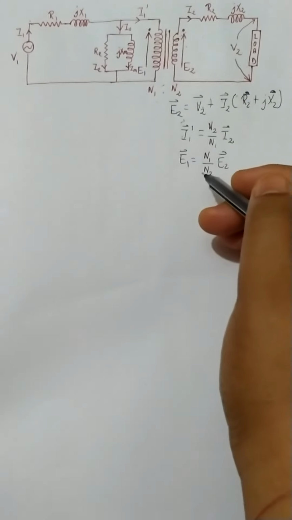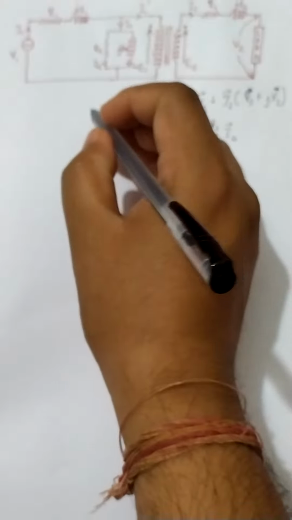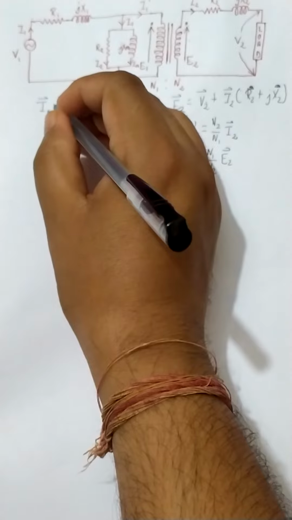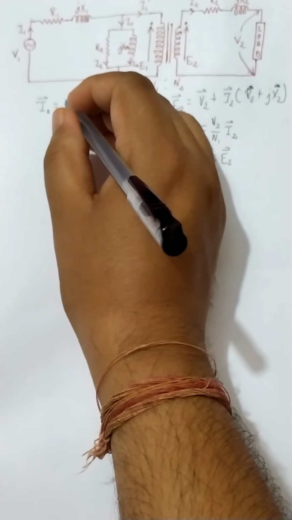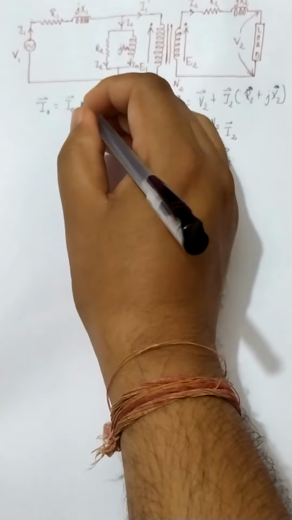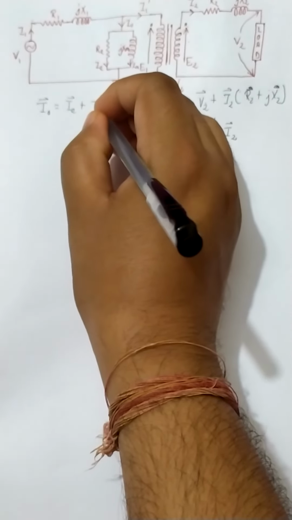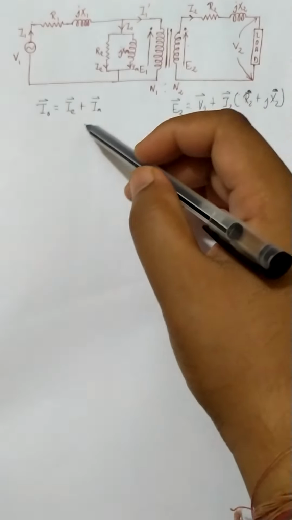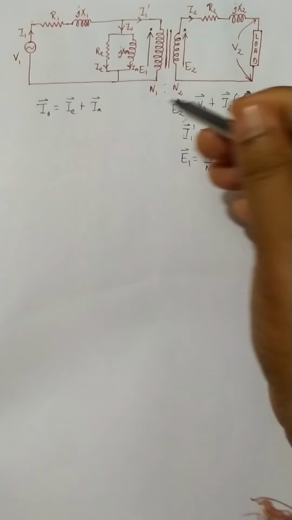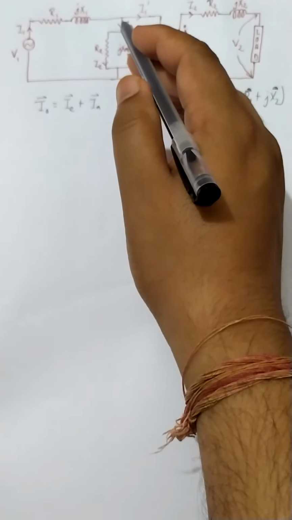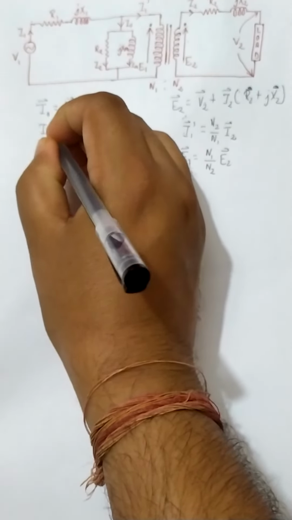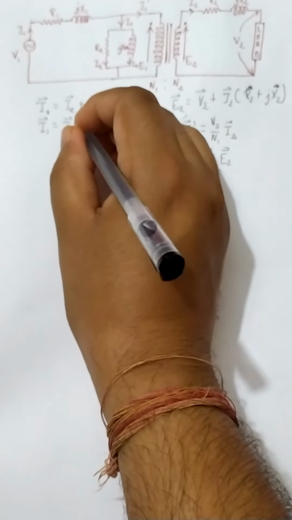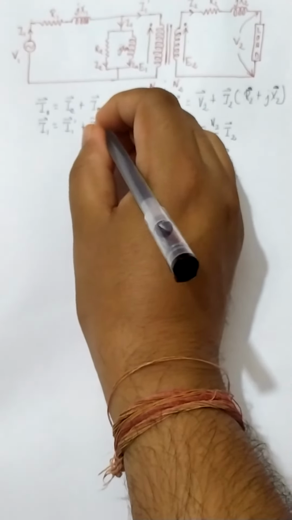Now coming to the primary side, what can we write? The no load current I0 comprises the loss component current and the magnetizing current. If I am applying KCL at this particular point, I1 should be equal to I1 dash plus I0.